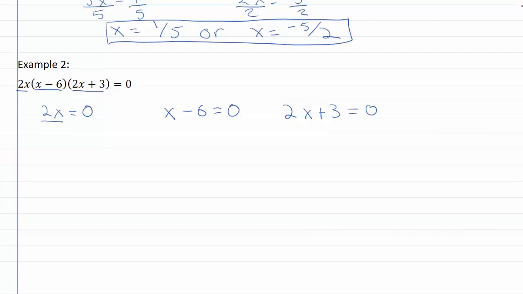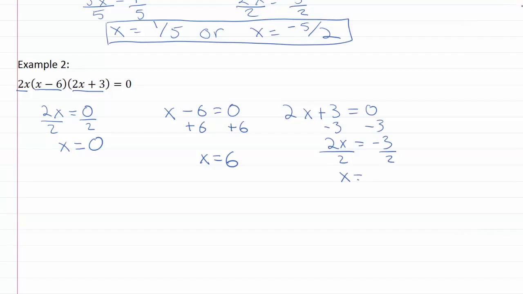So we should be able to go through these examples pretty quickly because they end up being pretty simple equations to solve. So here we have x equals 0, x equals 6, minus 3, 2x equals negative 3, divide by 2, x equals negative 3/2.